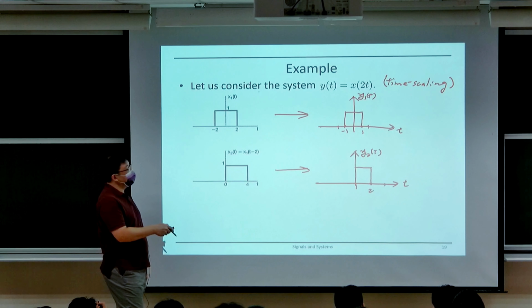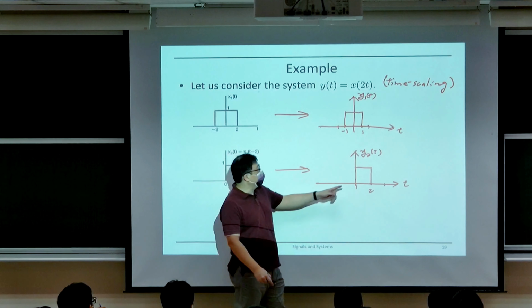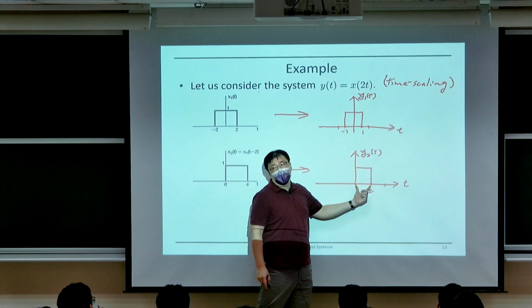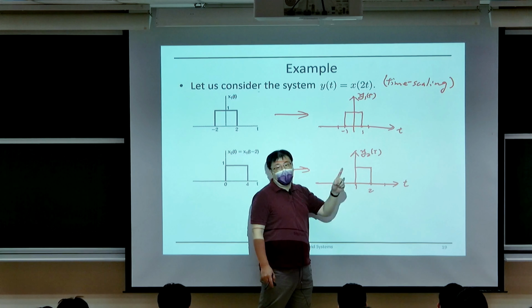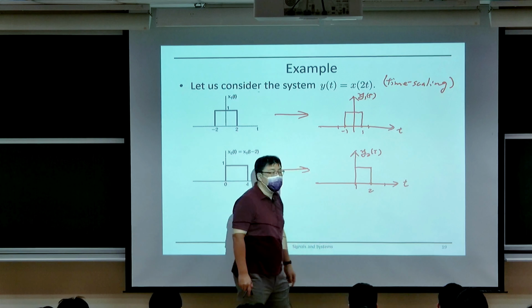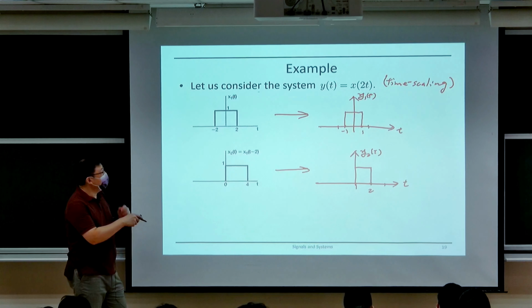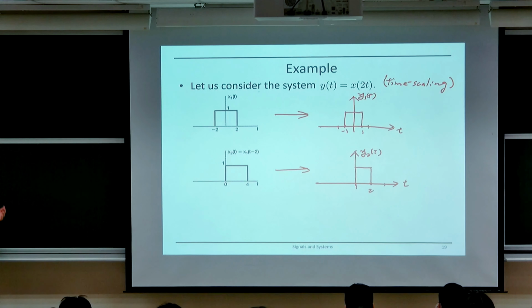Now, if you compare the two, you'll see that y2 of t is also a time-shifted version of y1, but it's only shifted by 1 time unit. If you want this system to be time invariant, it needs to be shifted by 2 time units.